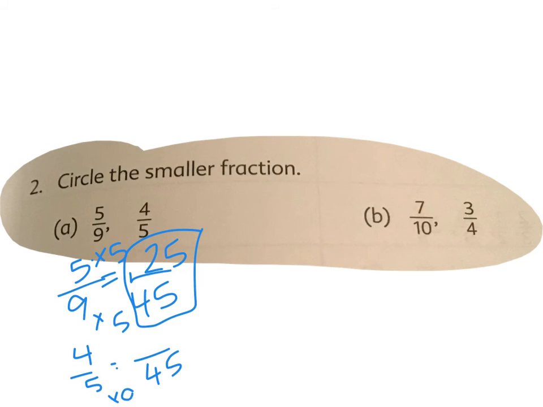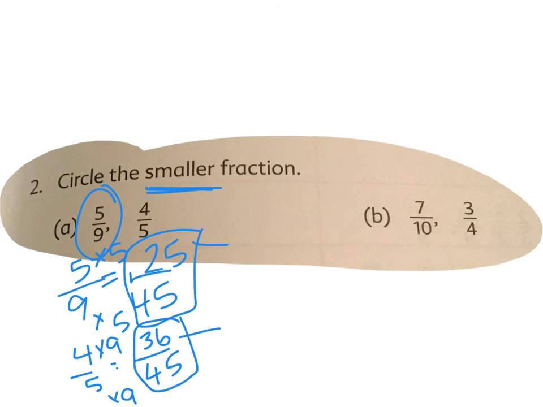I multiplied by 9, multiplied the 4 times 9, 36. Now read the directions. It says circle the smaller fraction. So which one is less, 25 or 36? Yes, 25. All right, let's go on to the next one.